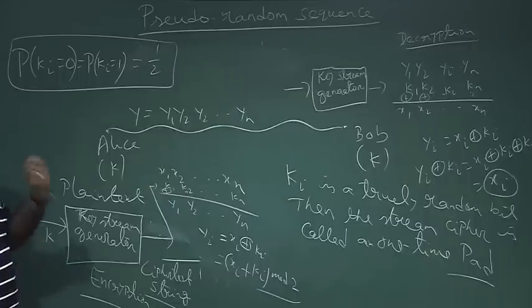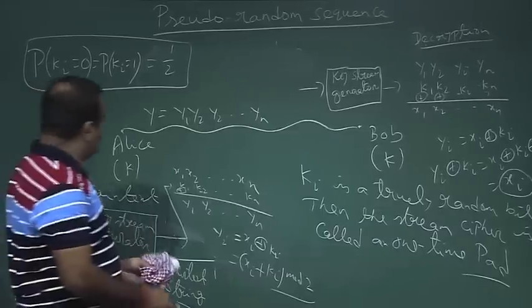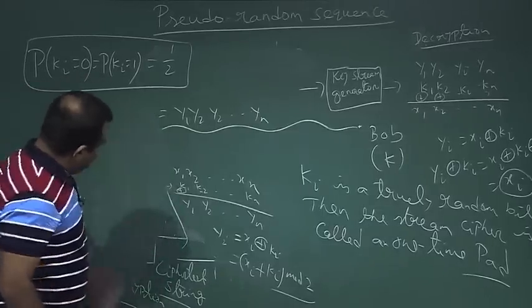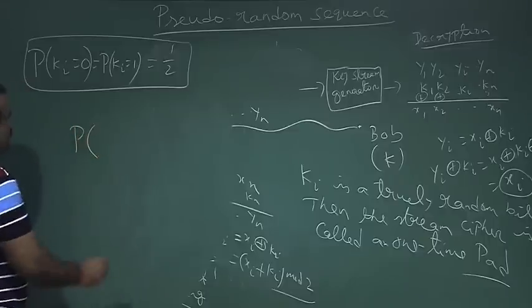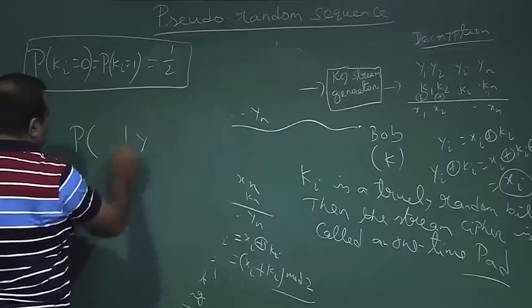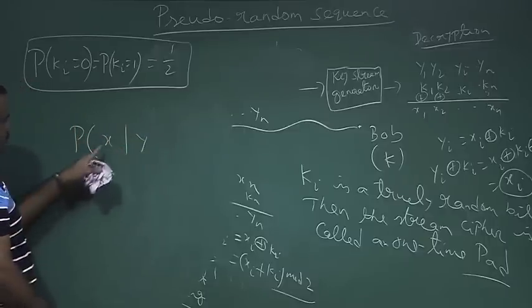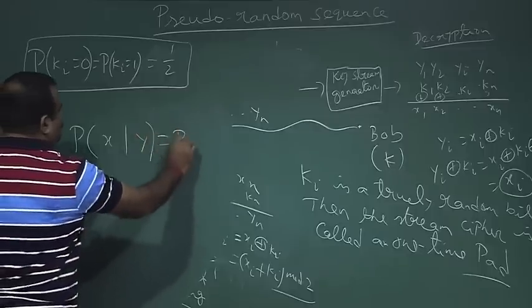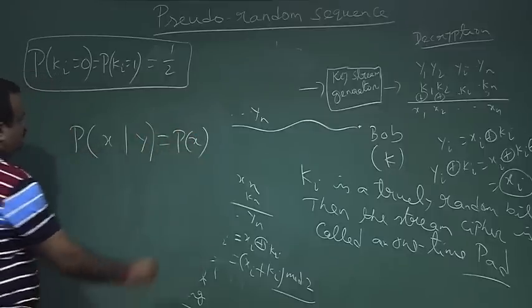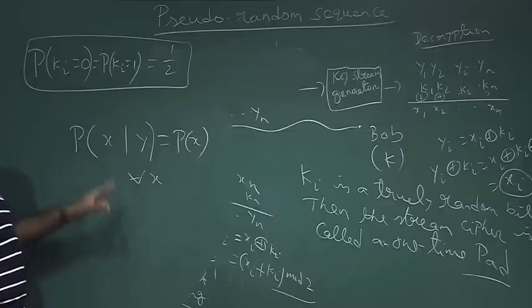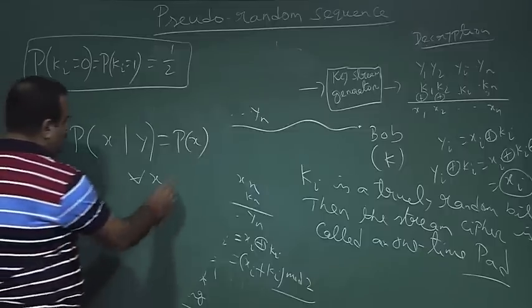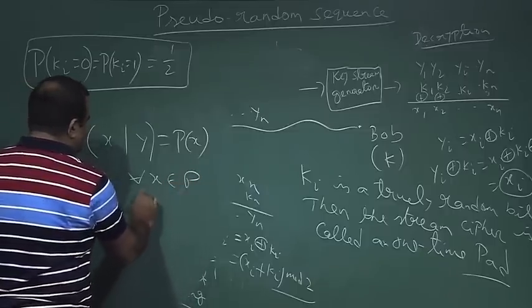That means the probability of the plain text given the ciphertext is the same as the probability of the plain text. This is the Shannon notion, and if this is true for all the plain texts and all the ciphertexts, it is called Shannon notion of perfect secrecy.